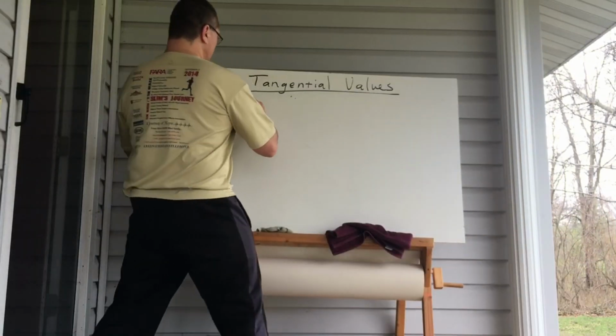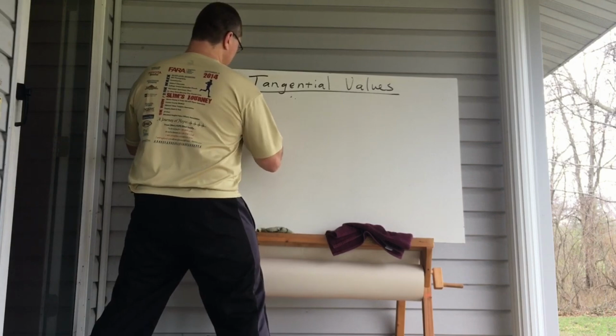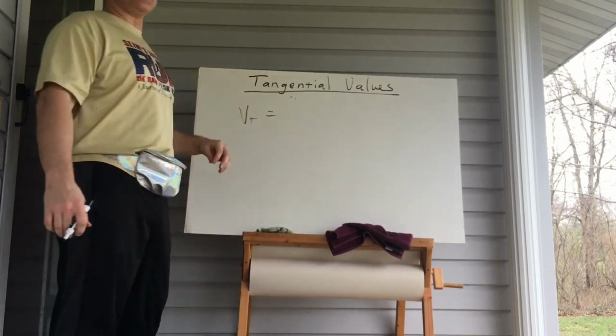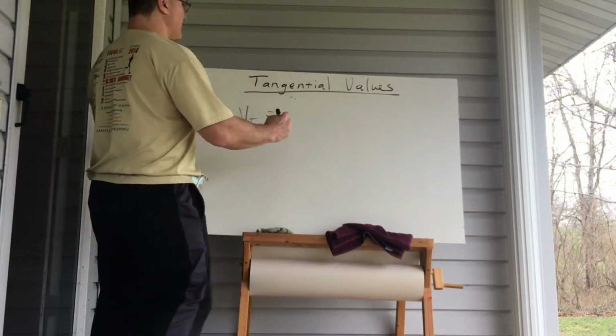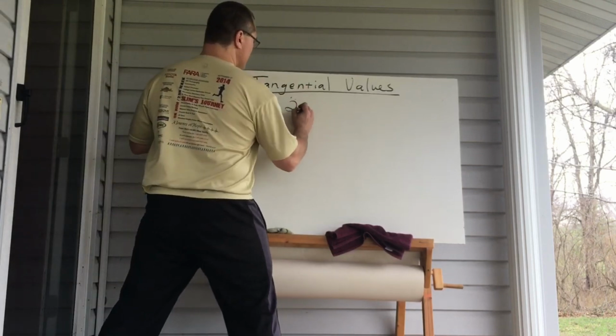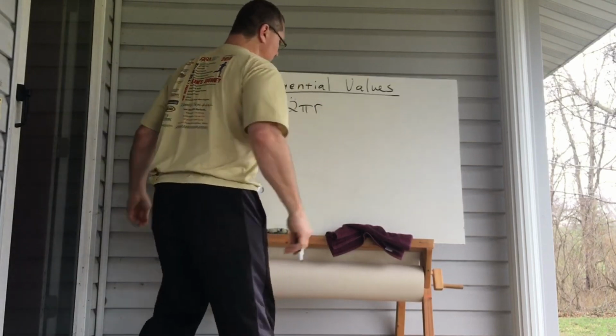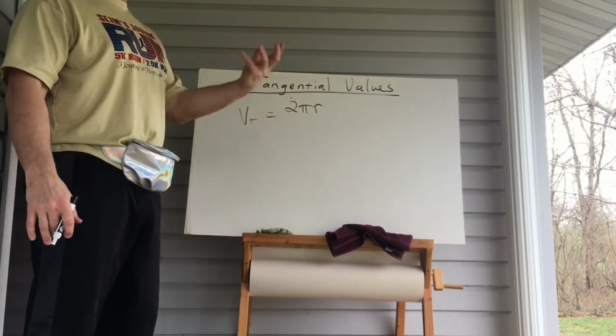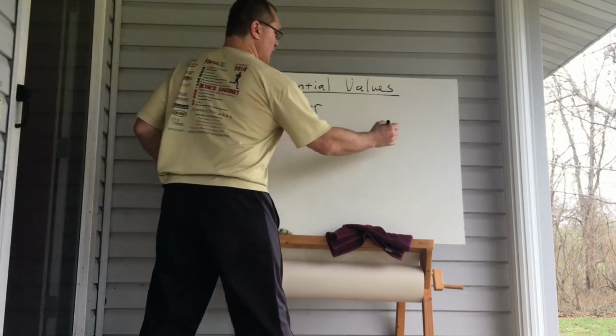So for tangential values, tangential velocity is still going to equal distance over time, but because you're talking about circles, your distance is going to be 2 pi r. If you don't know what that means, that is the circumference of the circle itself.